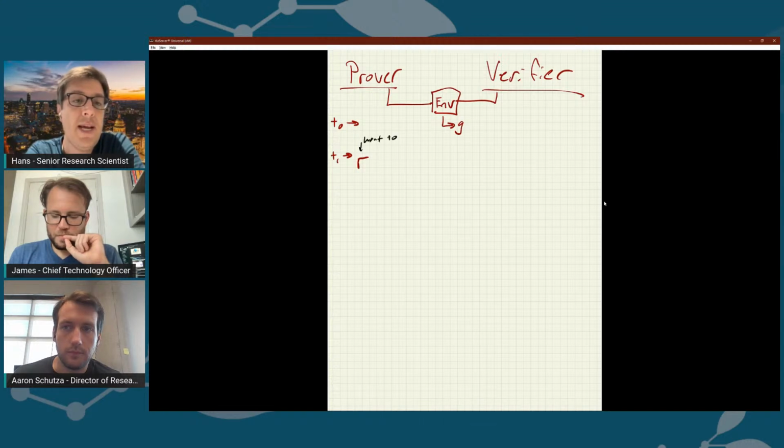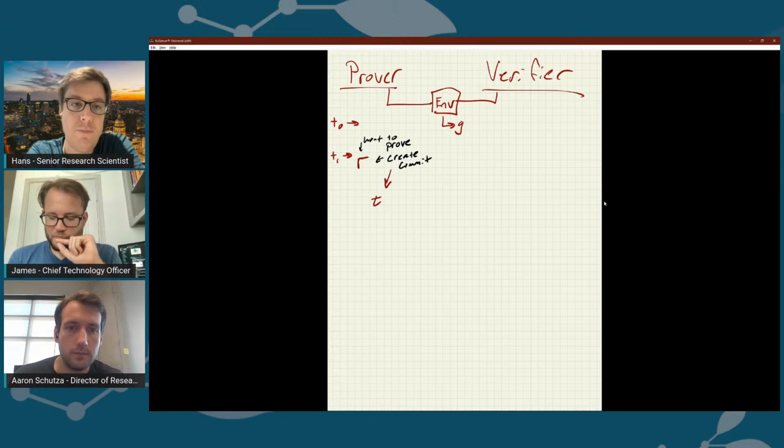The commitment is a way of showing that they know something about little r without revealing little r. The way that they do that is they create commitment t, which is equal to g raised to the r. Okay, so you create the commitment by making t. Sorry, I'll zoom in a little bit.